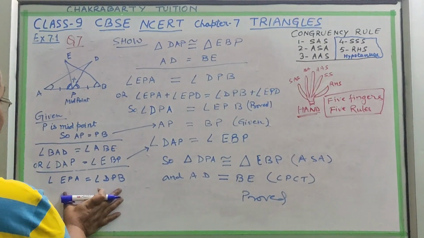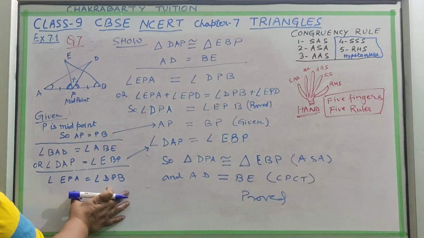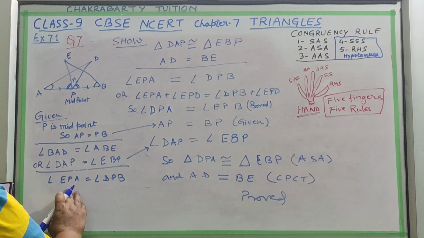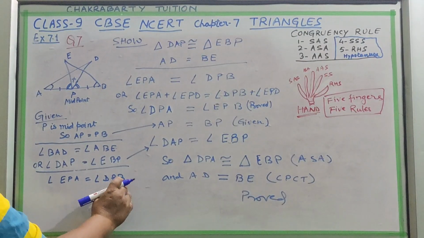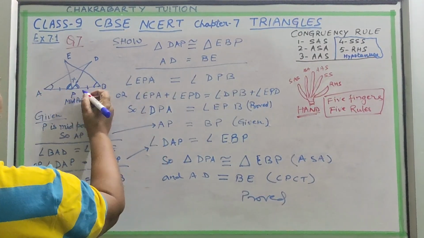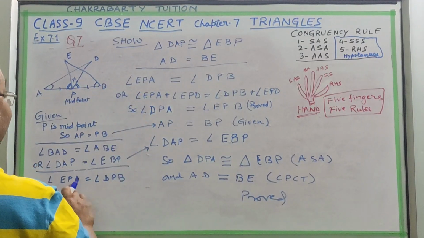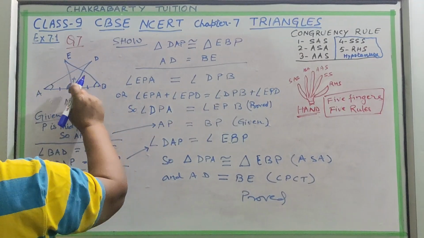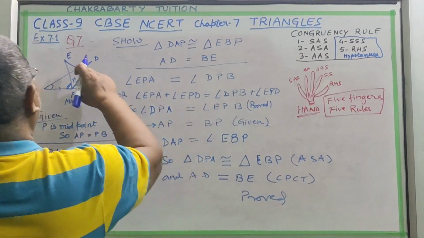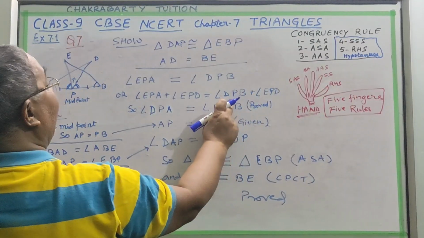So now here, it is given that angle EPA is equal to angle DPB. So this angle and this angle, and it is plus. So to angle EPA, here we will add angle EPD, this angle also we will add to which angle?